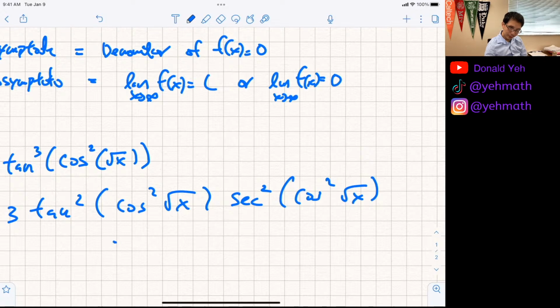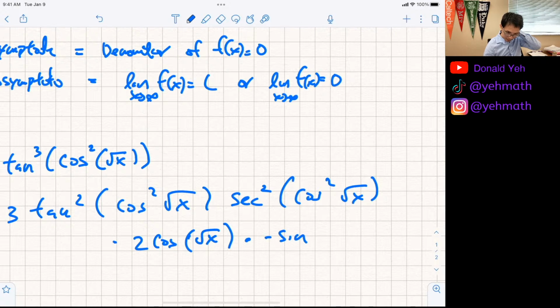Hold on. 2 cosine square root x. Good. Okay. Times negative sine of square root x, times 1/2 x to the negative 1/2. That's actually perfect.